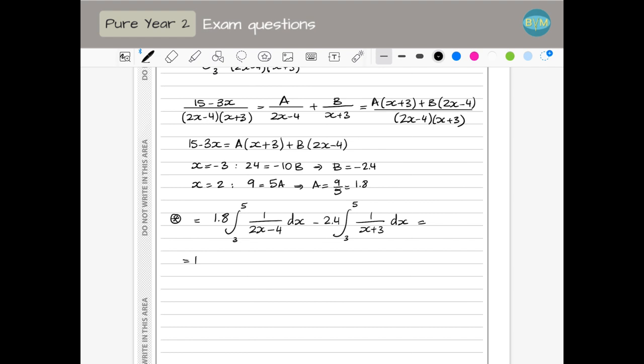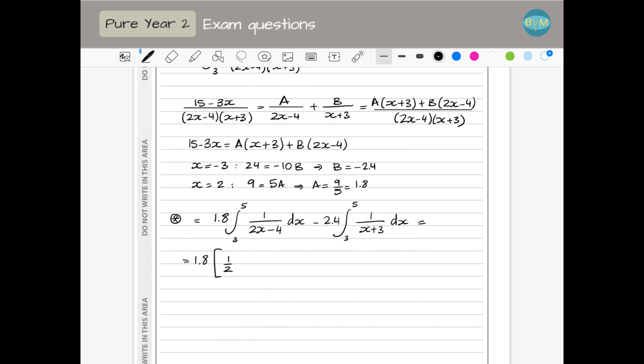So I have 1.8, and in this one I have a function, and in the numerator I have the derivative, just missing the 2. So what I'm going to do is to divide by 2.